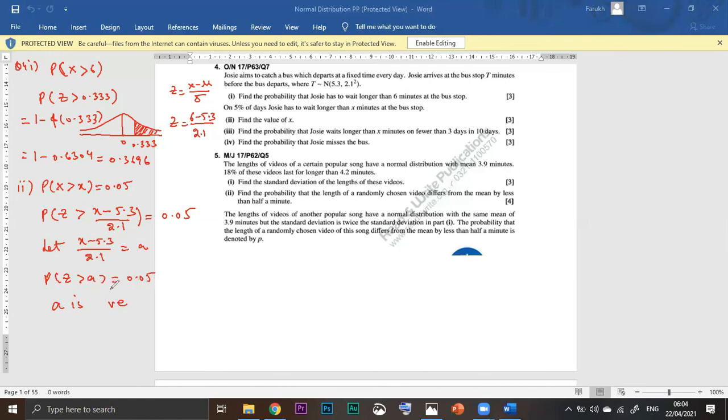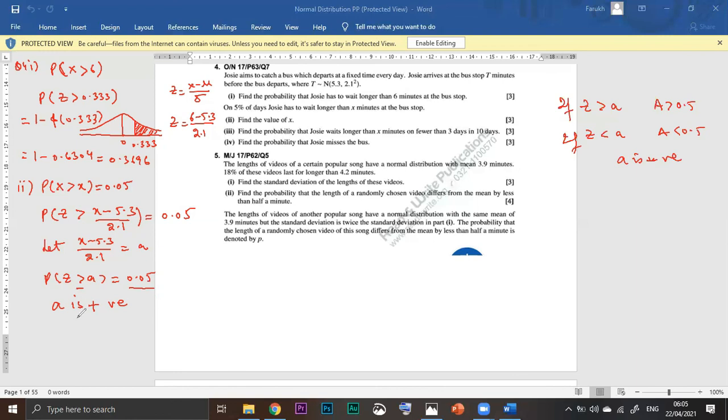If z is greater than a and the area is greater than 0.5, or if z is less than a and the area is less than 0.5, then a is negative. Here we have z greater than a and area is less than 0.5, not matching these two conditions, so a is positive. Should I repeat, Mila?